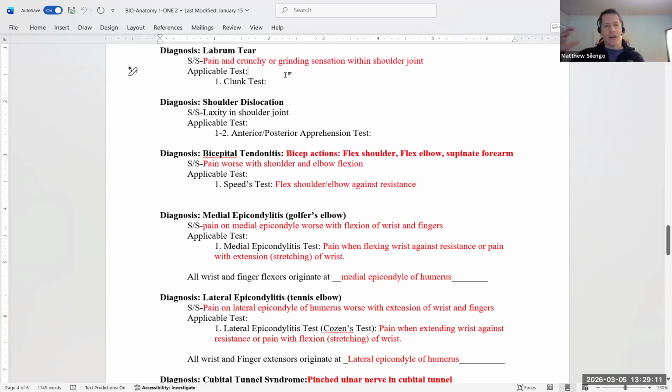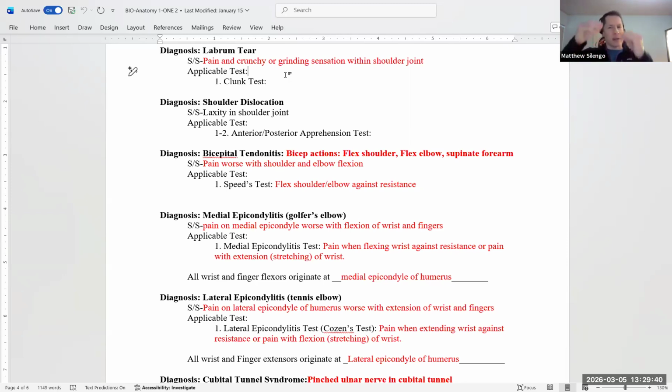Then you might recall that a lot of synovial joints, particularly your ball and socket joints, where there's a lot of movement, the joints are more freely movable. There's a lip of cartilage around the outside of the joint just to provide a little more depth. And we call that lip of cartilage the labrum. And sometimes when there's an injury to one of those joints, pieces of the labrum break off.